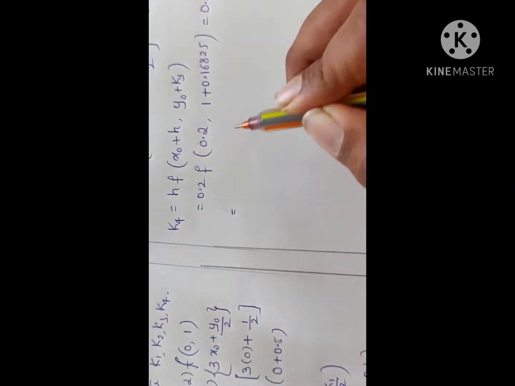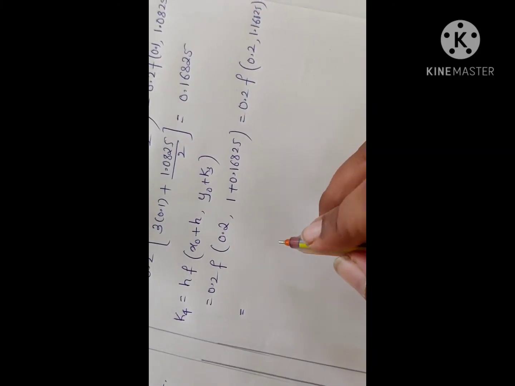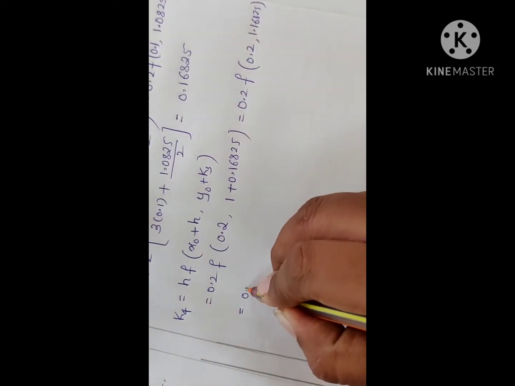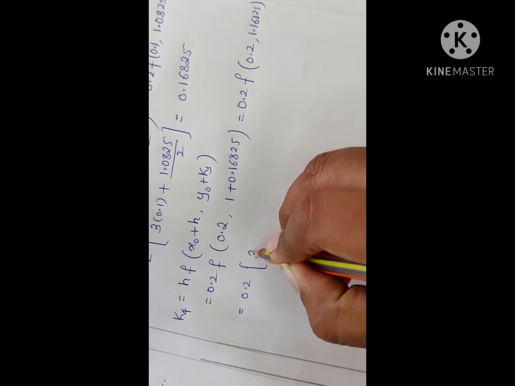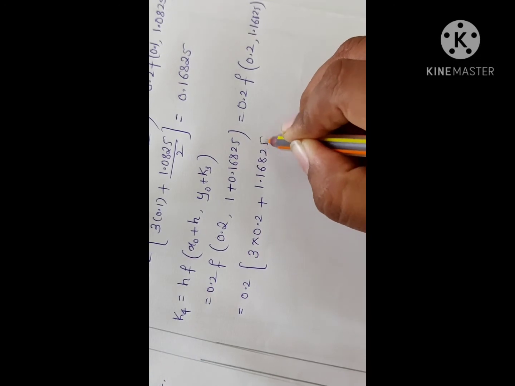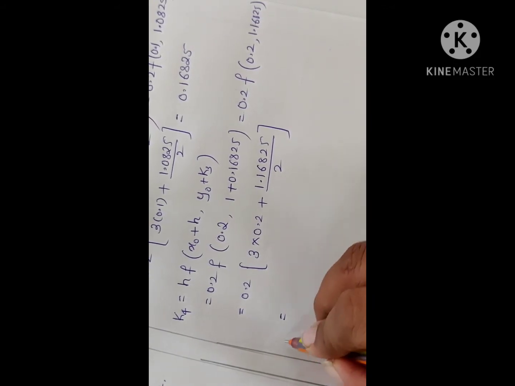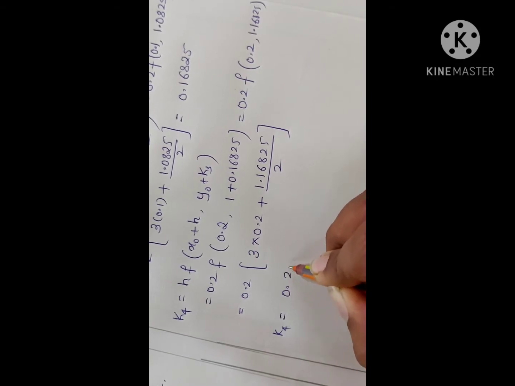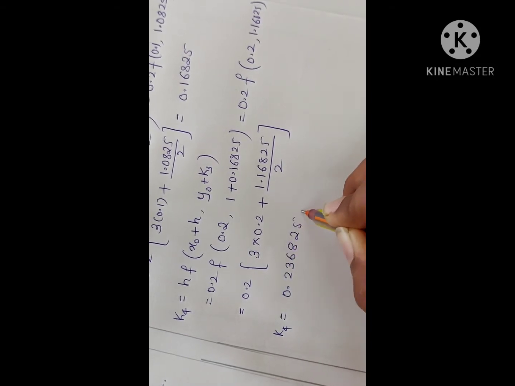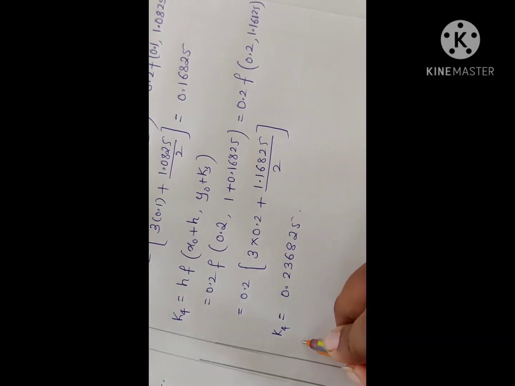Now write it in the form of a function. So it is 0.2 into (3 into 0.2 plus 1.16825 divided by 2). When you simplify this, you will get K4 as 0.236825.